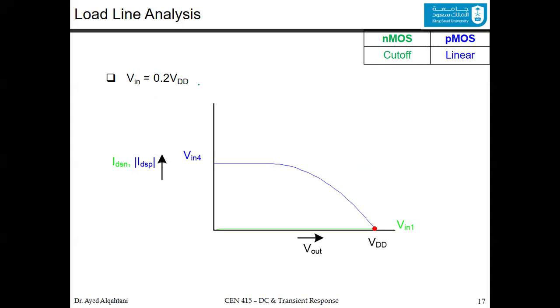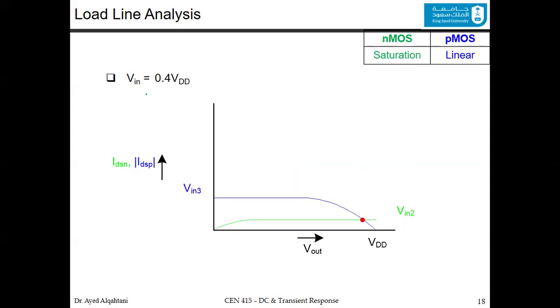Let's increase it a little bit more. Let's take 40%. Now it's very clear at this point that the NMOS is in the saturation region, and the PMOS is in the linear region. And we are again dropping to the next curve of the PMOS, and we are moving up to the next curve of the NMOS.